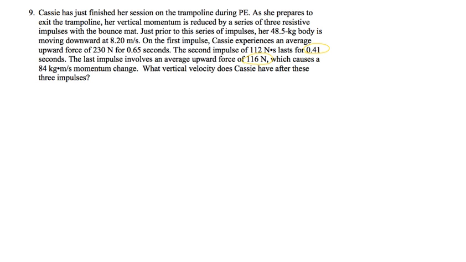Since down is usually negative, I'll just call it negative. Okay, so we know how fast she's going to begin with. So her original velocity is negative 8.20 meters per second.